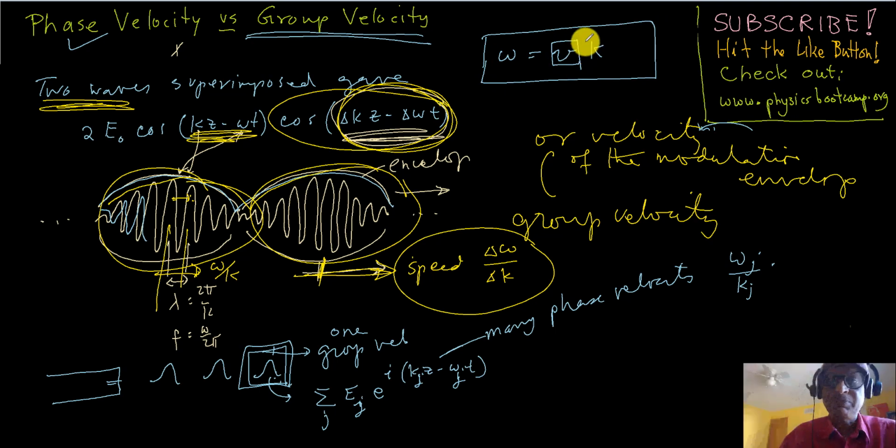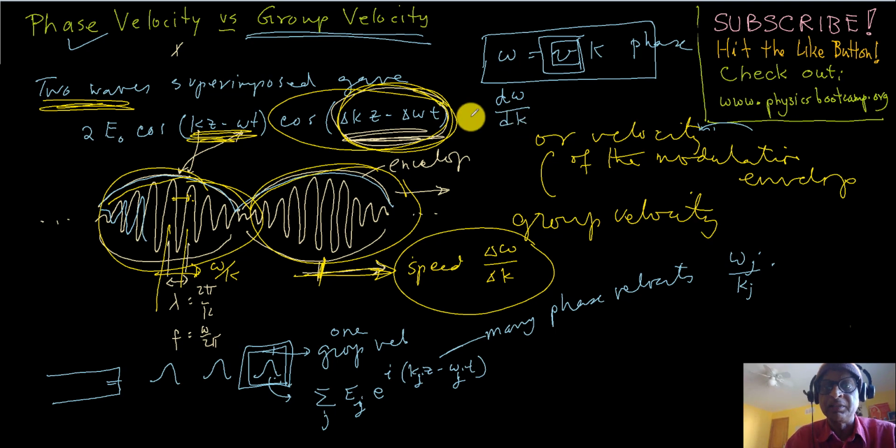This will be a phase velocity, and if I want to do group velocity, I need to take a derivative, d omega dk, and that will be group velocity. And if v is independent of k, then they will be identical.